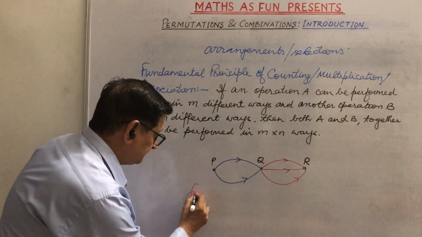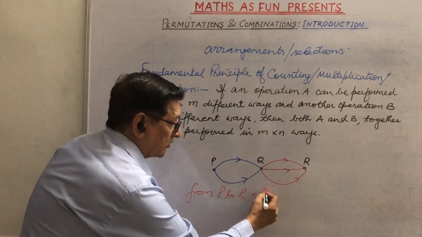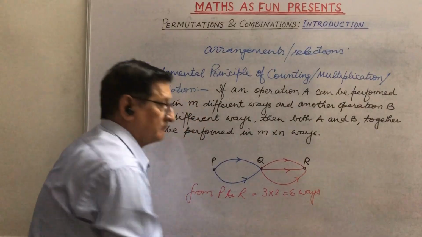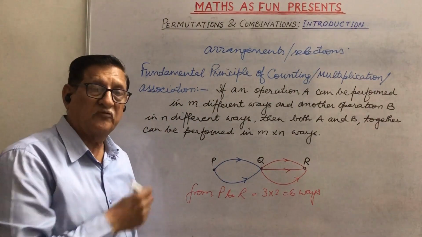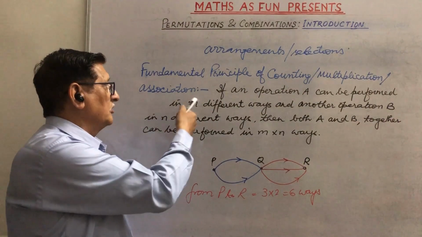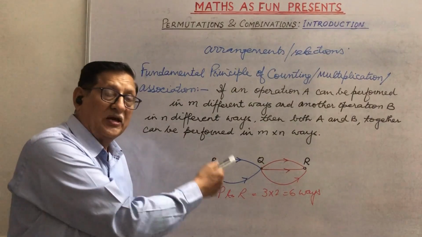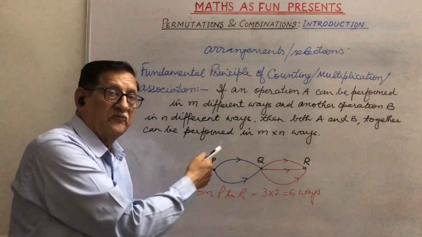That is, from P to R, he can go in 3 into 2, that is 6 ways. This is the fundamental principle of counting or multiplication or association, that we can find out the number of ways two particular operations can be performed together.